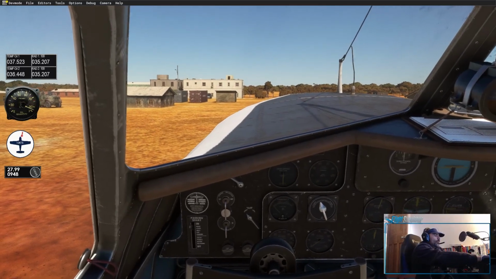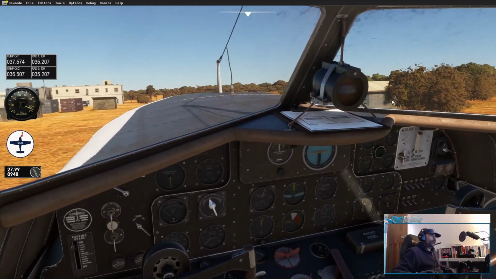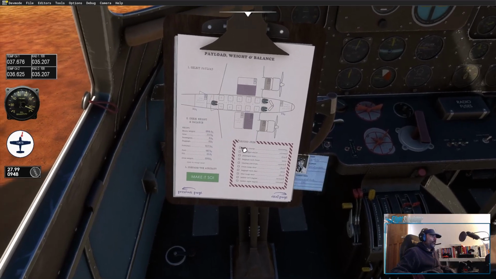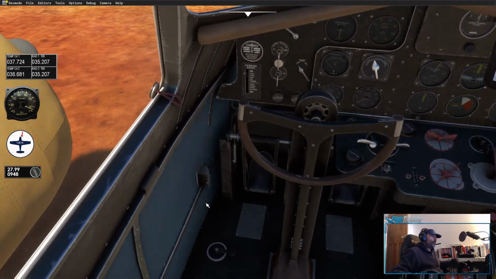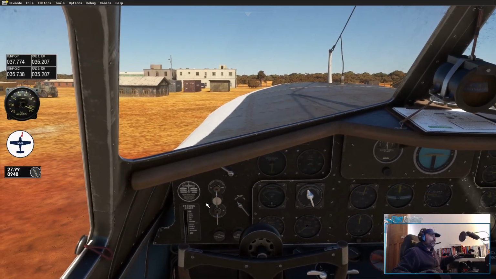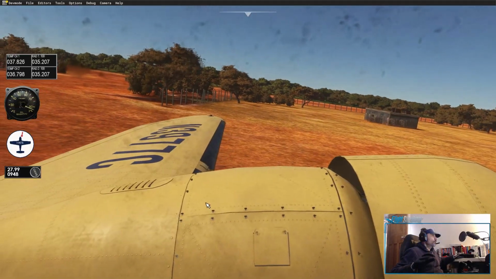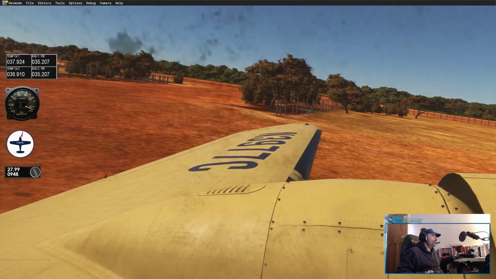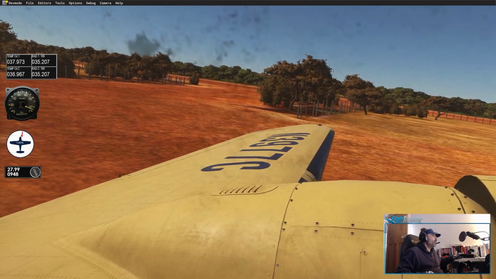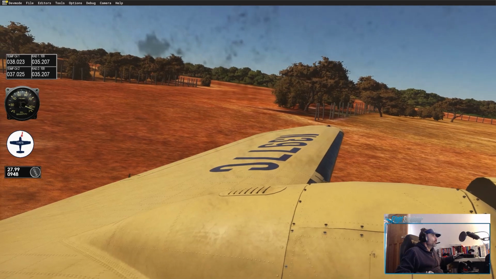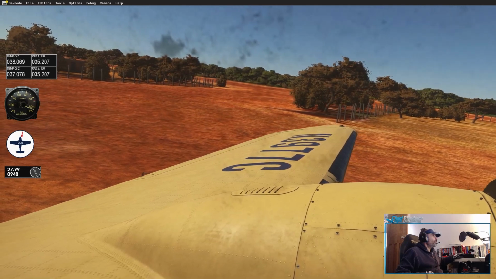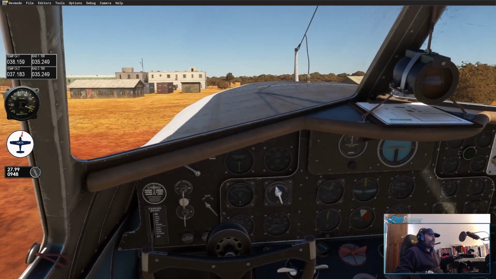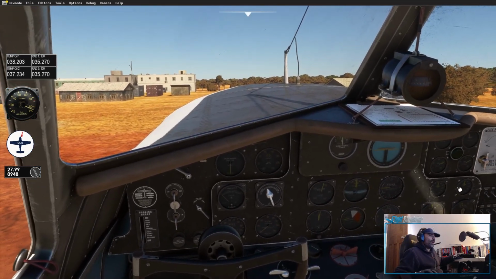Going to go back. I hope that particular tree in the middle of the taxi is not going to break my plane. Look at the pressure. The pressure is quite high.